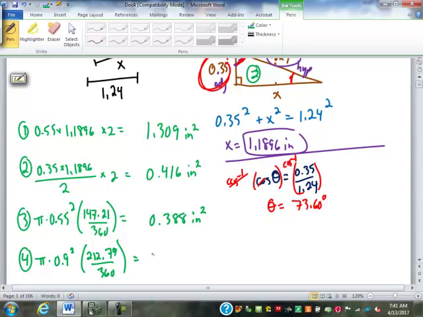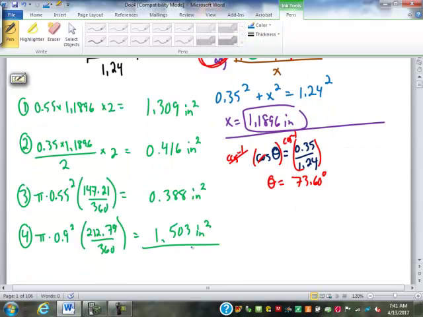That's 1.503. That all adds up to 3.716. Does that look right? So that would be the area for that.